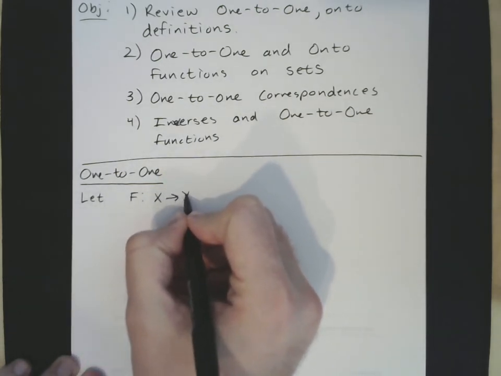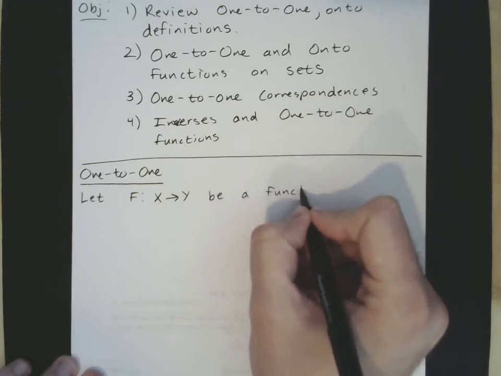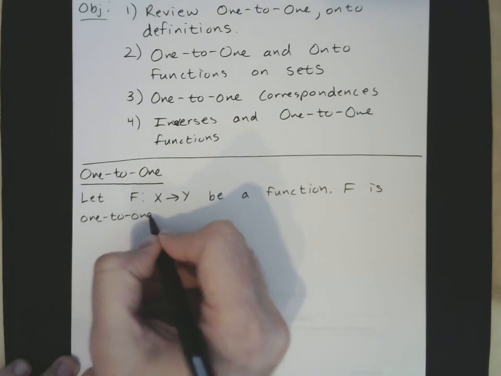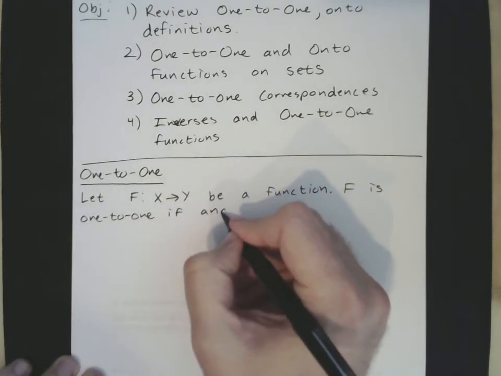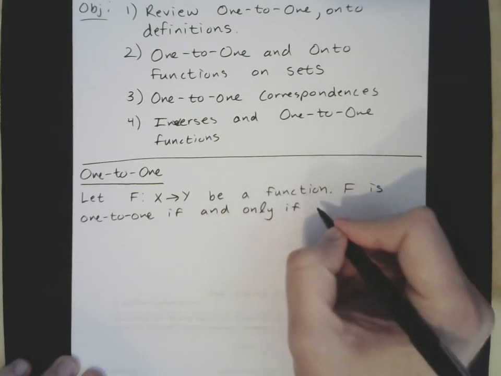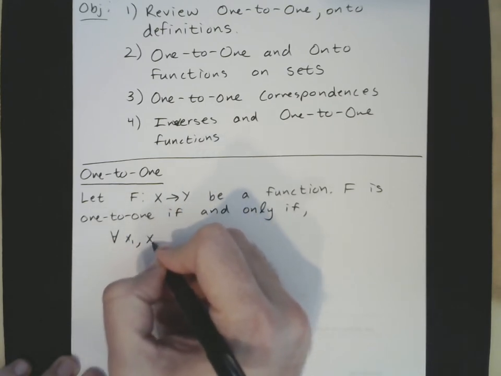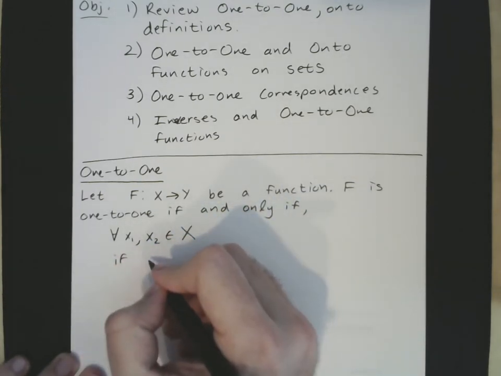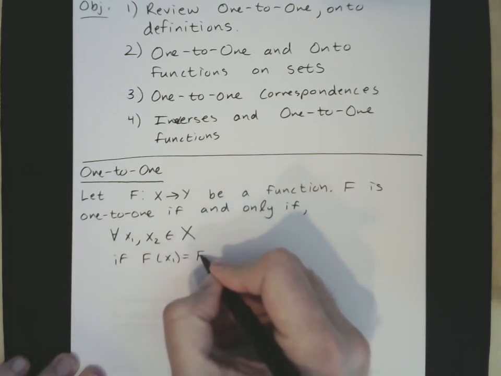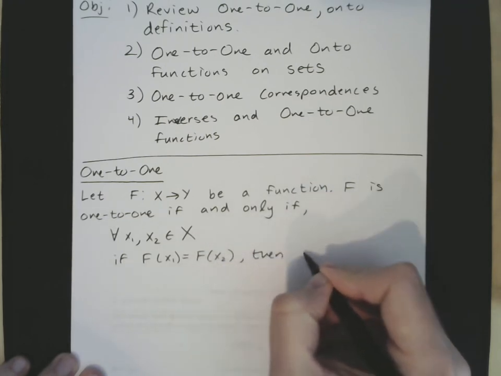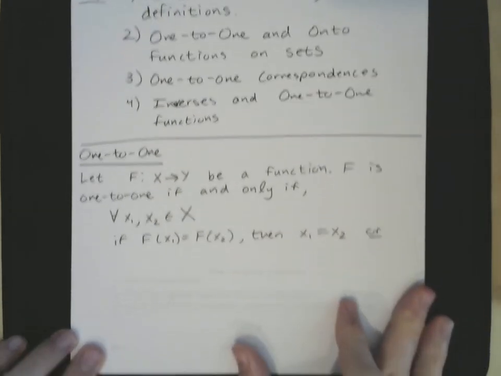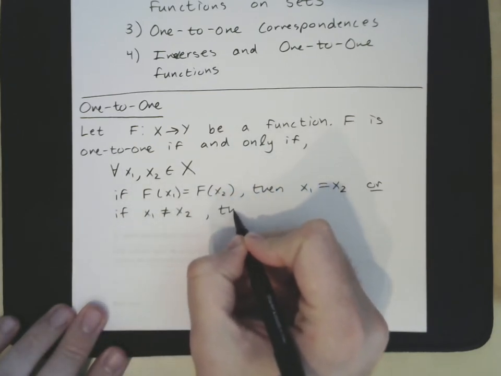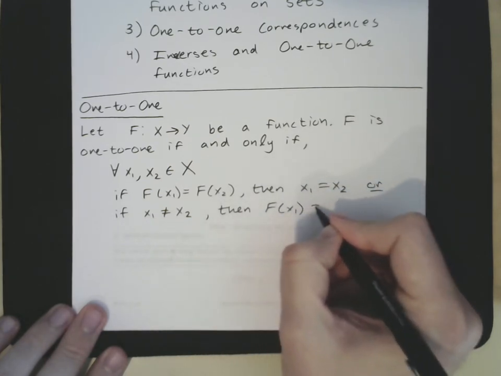We're going to let f map x into y be a function. f is one-to-one if and only if for all x1 and x2 in x, if f of x1 equals f of x2, then x1 equals x2, or by contrapositive, if x1 does not equal x2, then f of x1 does not equal f of x2.